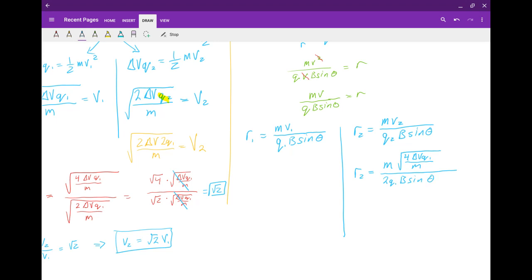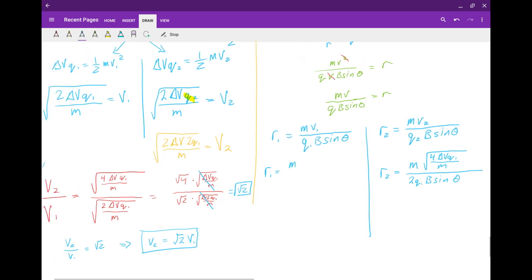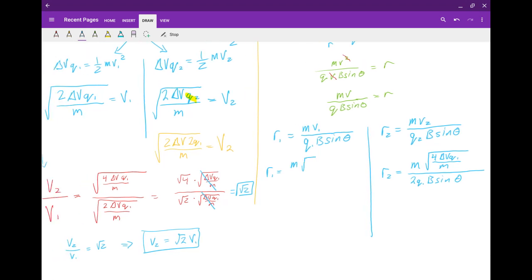And R1 is M V1, but V1 is the root of 2 delta V Q1 over M, and then Q1 B sine theta, right?